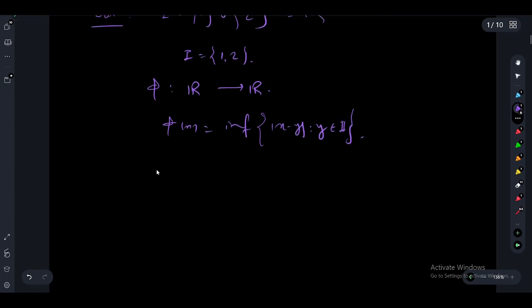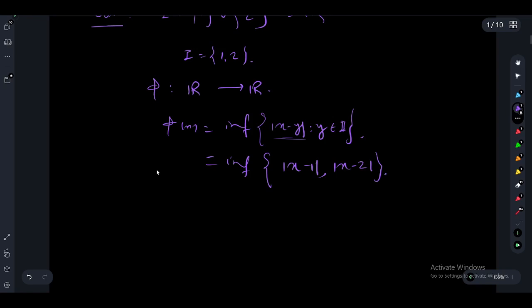Since I contains only two elements, this is equivalent to the infimum of |x minus 1| and |x minus 2|, the infimum of these two.